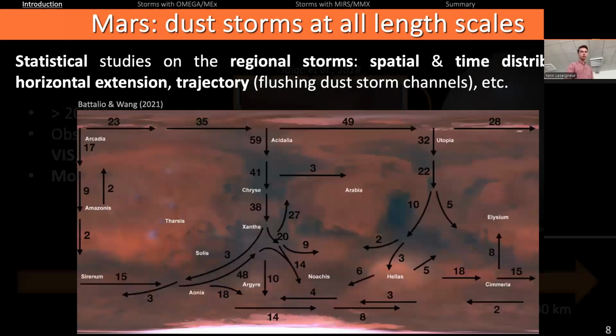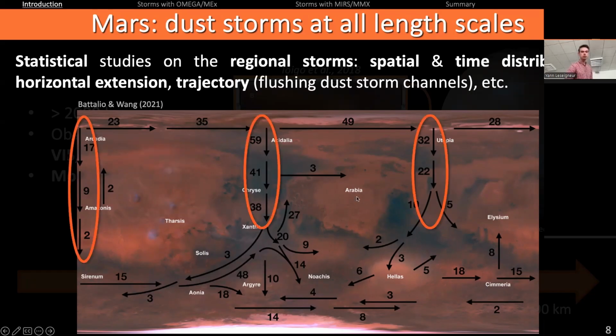Then we have some results about these regional dust storms from statistical studies. We can study their spatial and time distribution, their horizontal extension, so their sizes, and also their trajectory, as you can see on this figure, which represents the different channels used by a specific kind of regional dust storm called flushing dust storms.